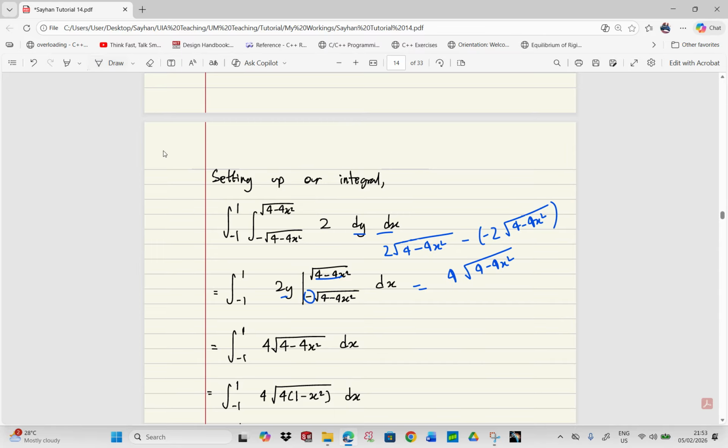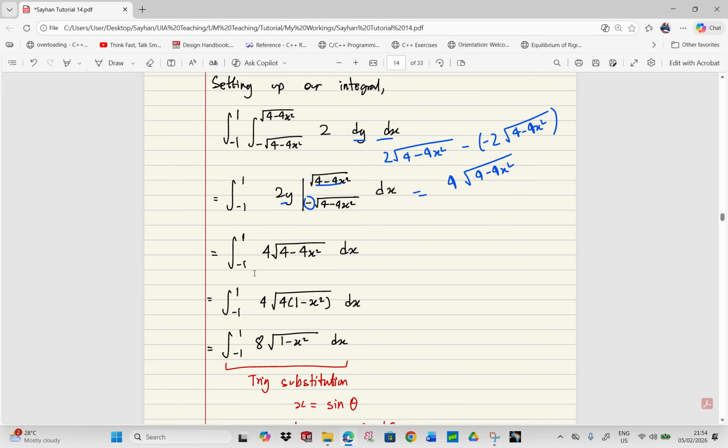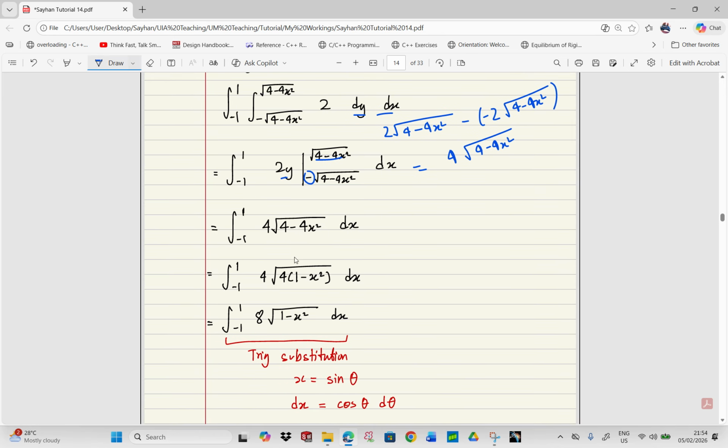Then I took out the 4, so it becomes 4 times 1 minus x squared, and when you square root it, it becomes square root of 4 times square root of 1 minus x squared. Square root of 4 is clearly 2, so 2 times 4 gets you 8.